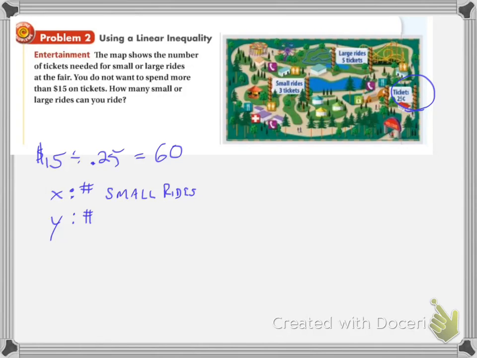Y is going to be the number of large rides that I'm going to ride, because then I'm going to have to multiply those by the number of tickets it takes to ride each of those. So I have 3 times X, so for every small ride I ride, I have to use 3 tickets, plus 5 times every large ride. Now it says I don't want to spend more than $15. I only have 60 tickets total. So that means that all of this has to be less than or equal to 60.